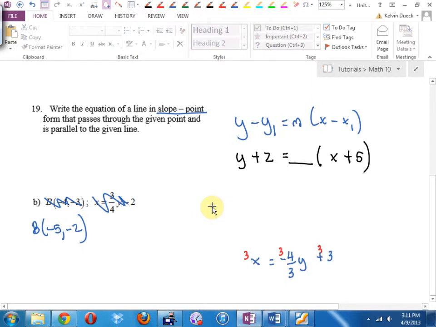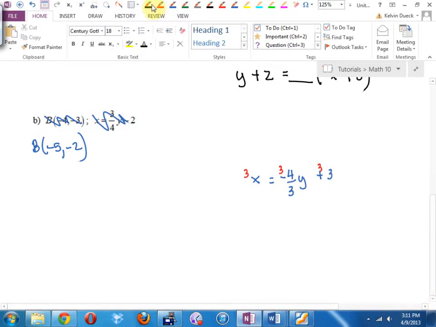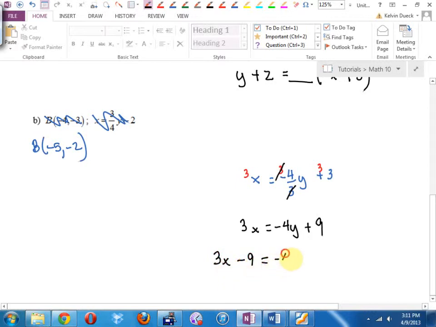When I do that, I'm going to get 3x = here, can you see, Graham, the 3's will cancel? And I'll get -4y + 9. I'll get 3x take away 9 = -4y. See what I did there? How did I get the y by itself?